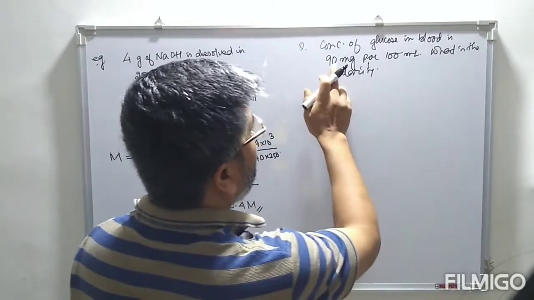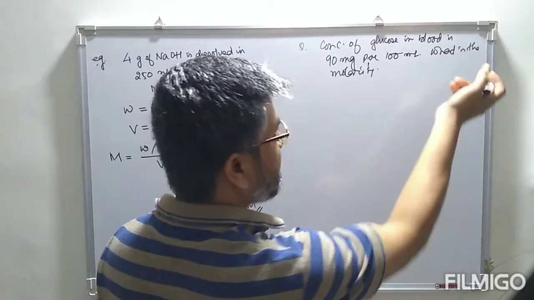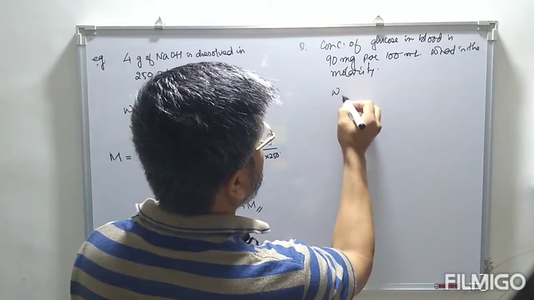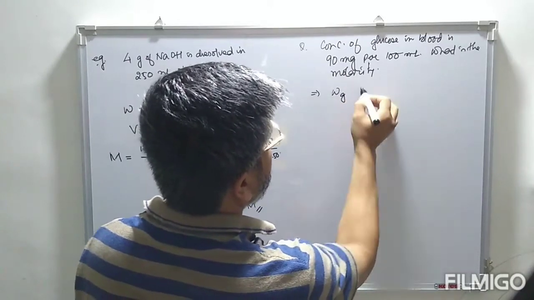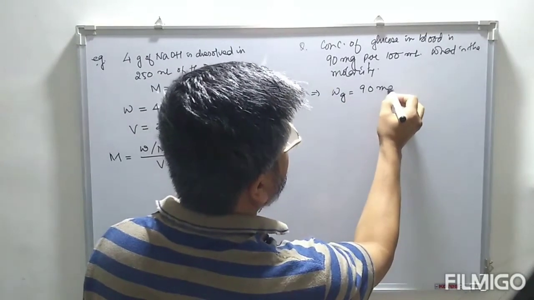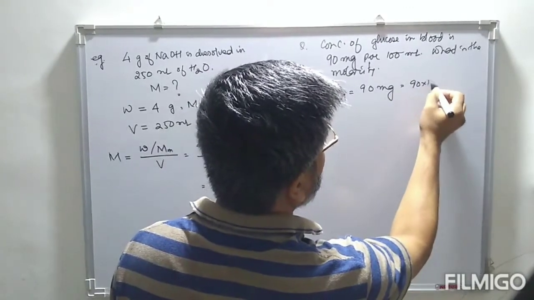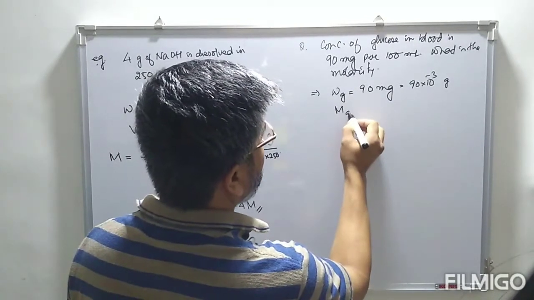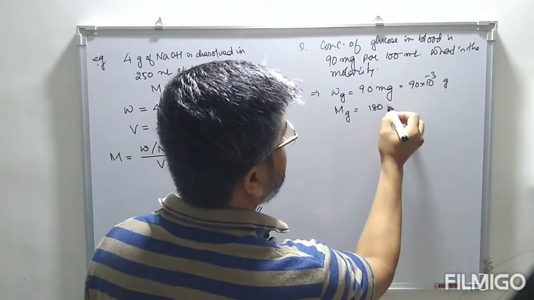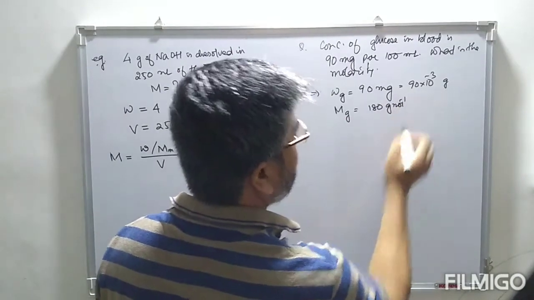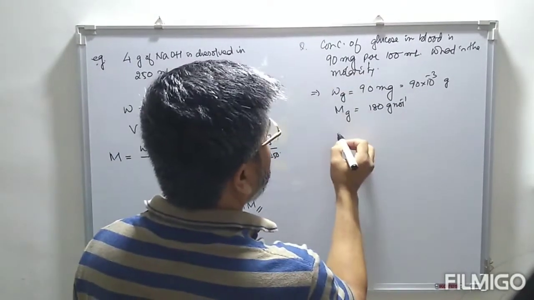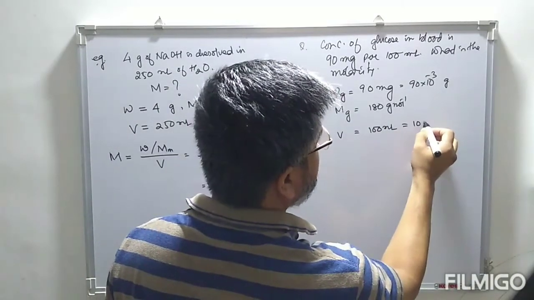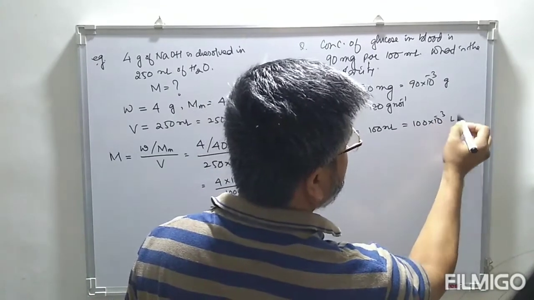So 90 milligram is present in 100 ml. So the mass of glucose is 90 milligram. So this is 90 into 10 to the power minus 3 gram. Molar mass of glucose is 180 gram per mole, and volume of blood is given as 100 ml, or 100 into 10 to the power minus 3 liter.